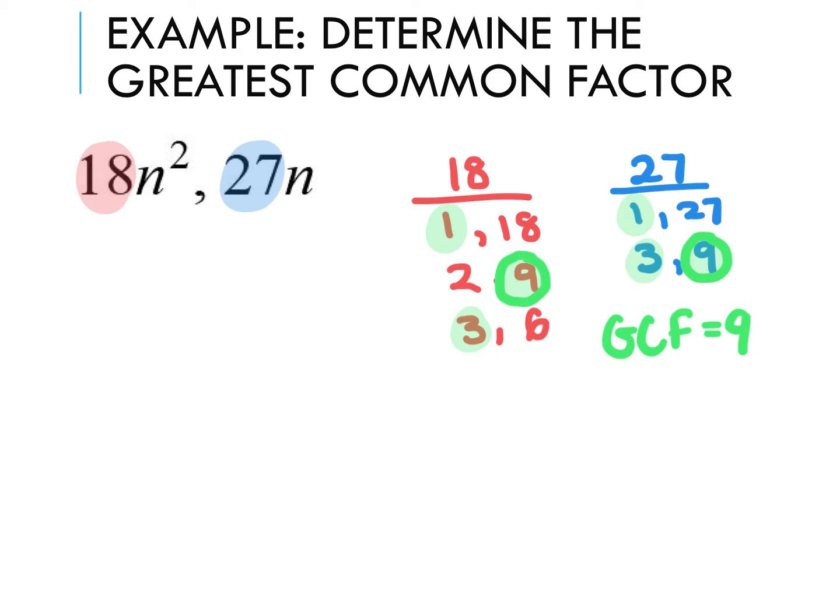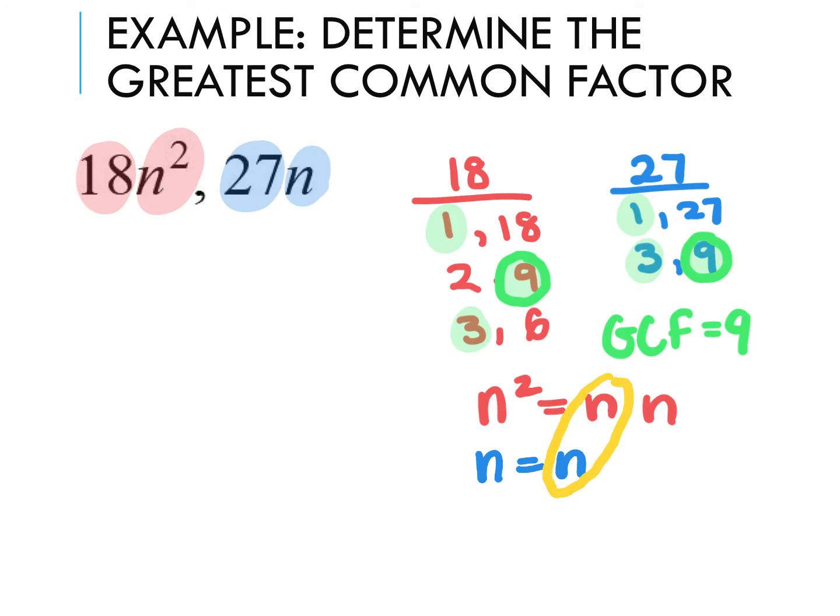Now when I look at the variables, I first start with an n squared, which is really n times n, and I have a single n for the second term, which is just n. Both of these have one n, so this means that my GCF of the variables is just n.